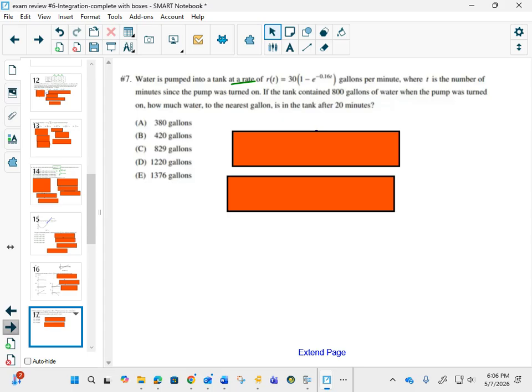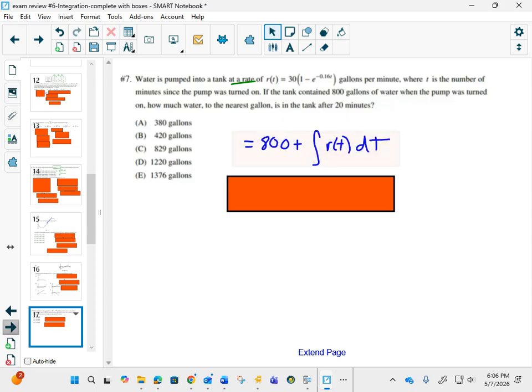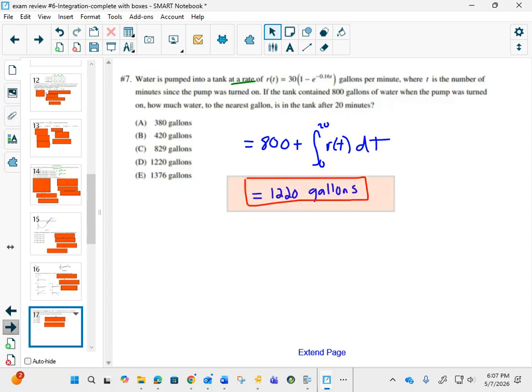So if we take the integral from 0 to 20, that will give us the accumulation of change. And we're going to have to add that to the 800. So our 800 initial plus the integral from 0 to 20 of that rate.